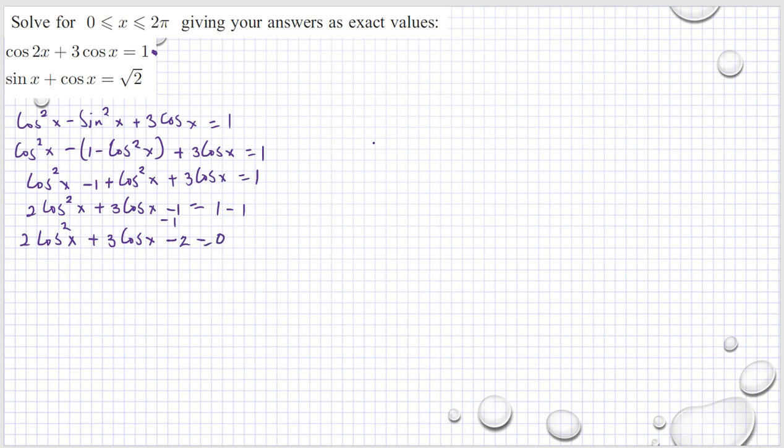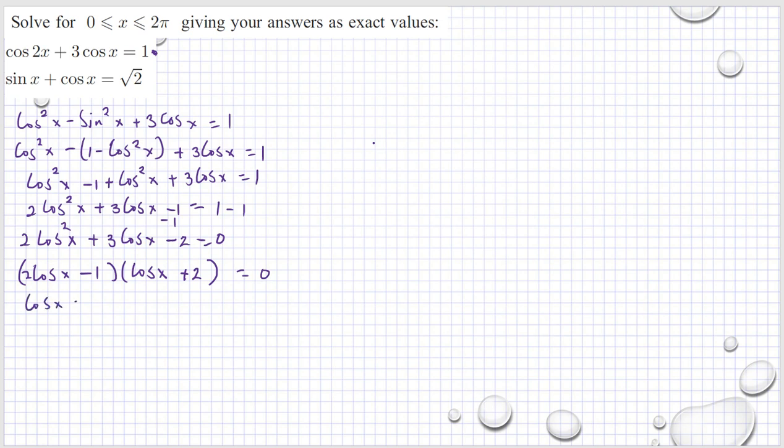And then now we have 2 cosine x, and then we have cosine x. We need to have 4, which is positive, so we have plus 2 there, minus 1 there, so that we can get positive 3 cosine x. That is equal to 0.